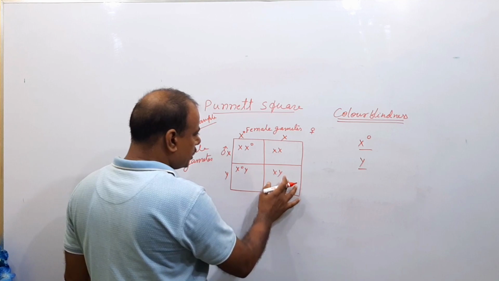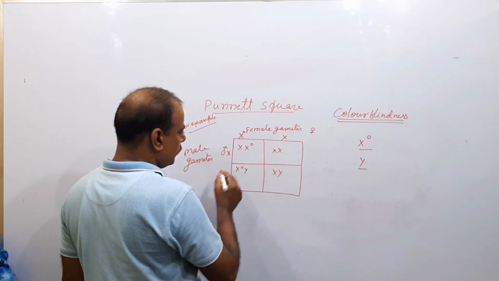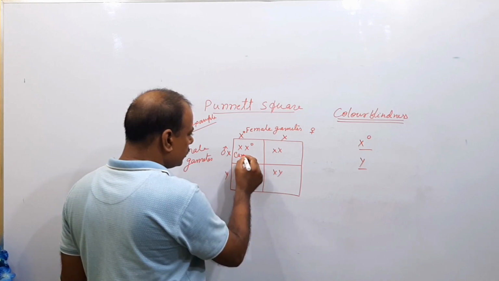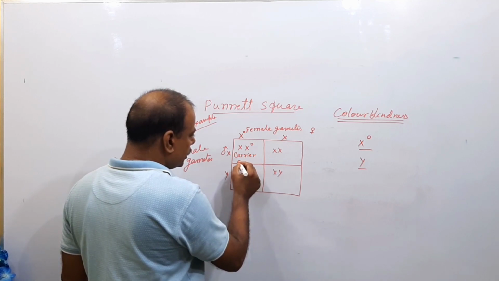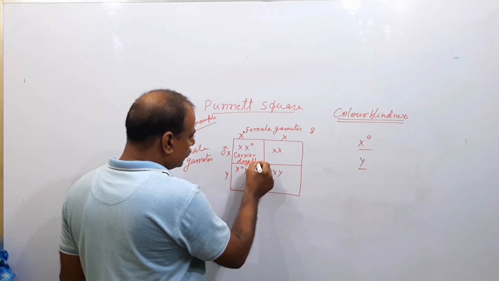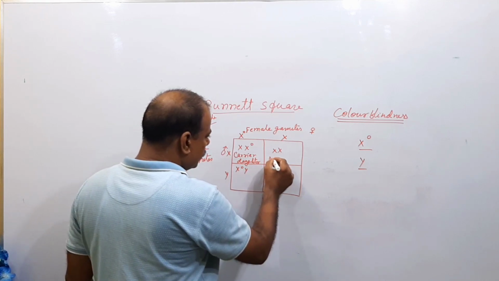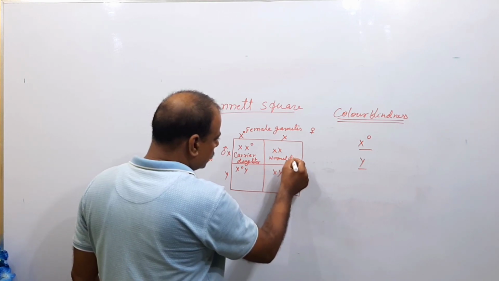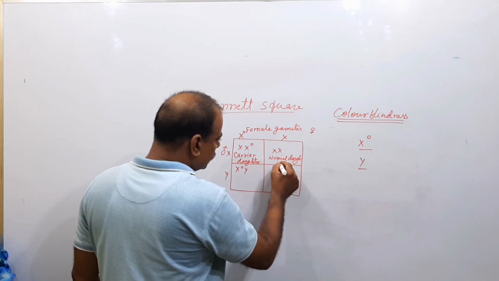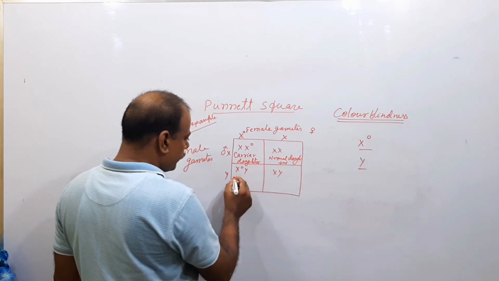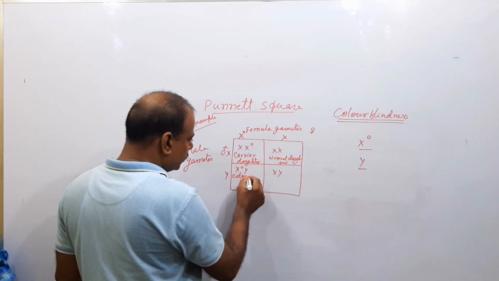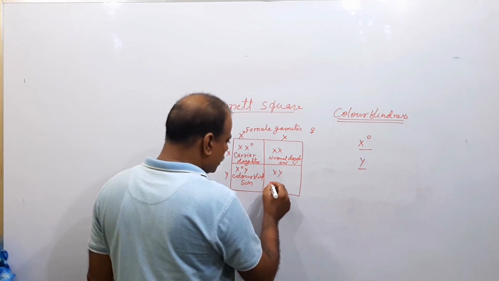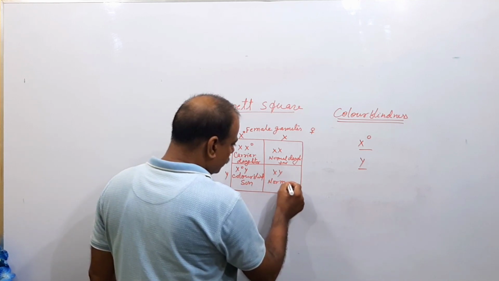These are the genotypes, and now we have to write the phenotype. Here it is a carrier daughter. Here it is a normal daughter. Here it is a color blind son, and this one is a normal son.